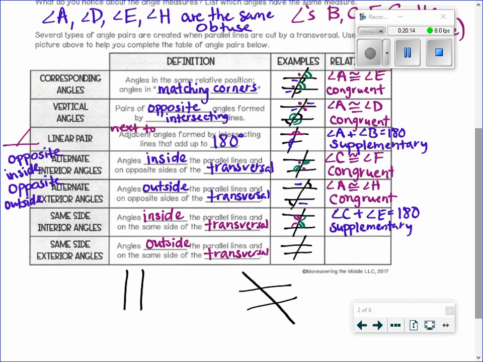Parallel lines can be over here, they can be there. They could be rotated, and we'll see using all my color. But I'm just keeping on the same thing. So outside of parallel lines, that's where A is. And it's the same side as this one at the bottom here. But they're going to be different sizes.